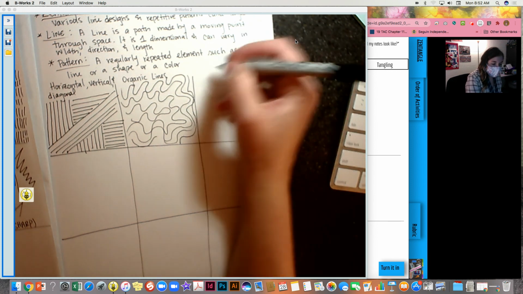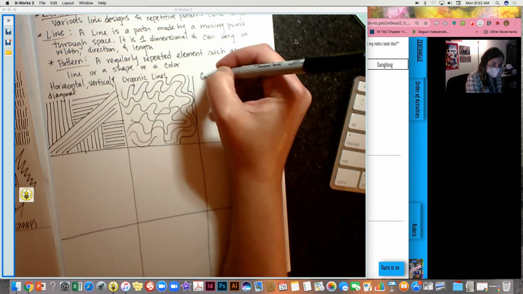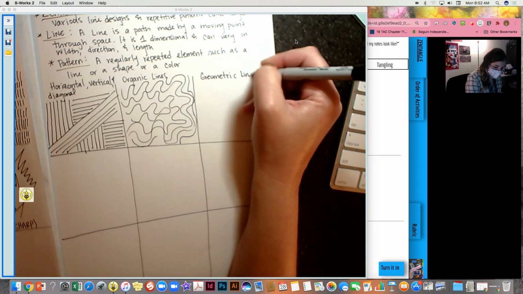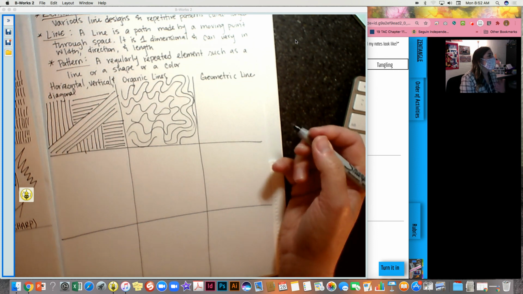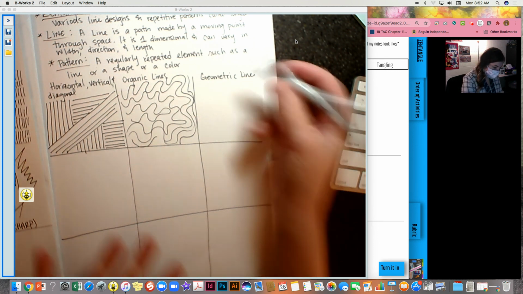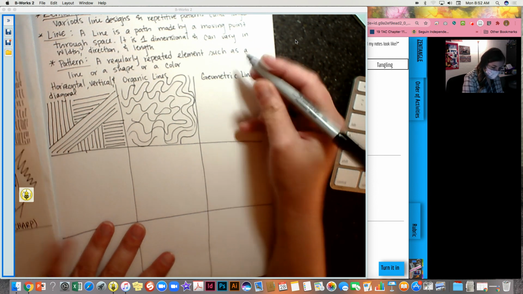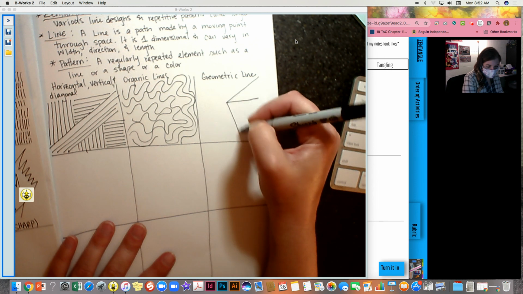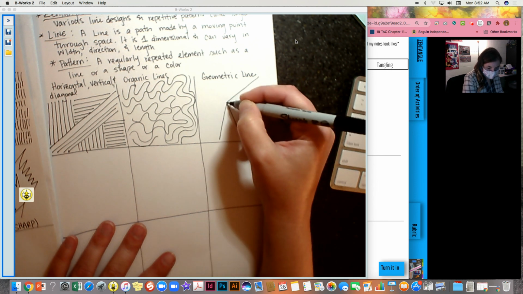And then on the opposite of that, you have a geometric line. Geometric lines are structured, so they're straight lines, right? So if I were going to do a geometric line design, it has a lot of structure.